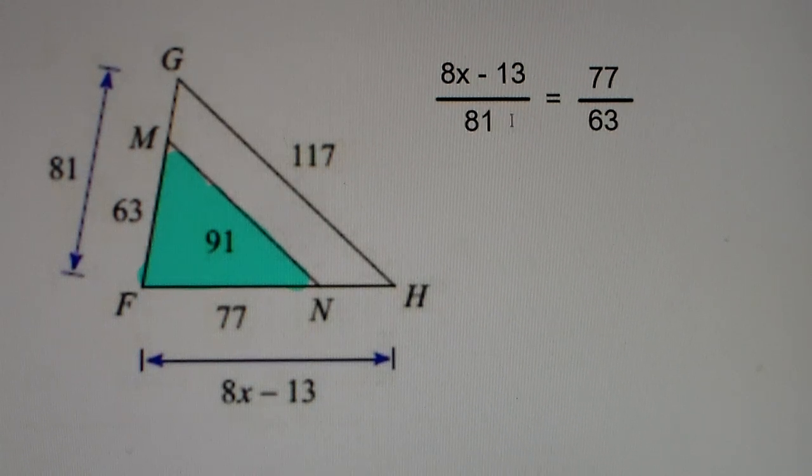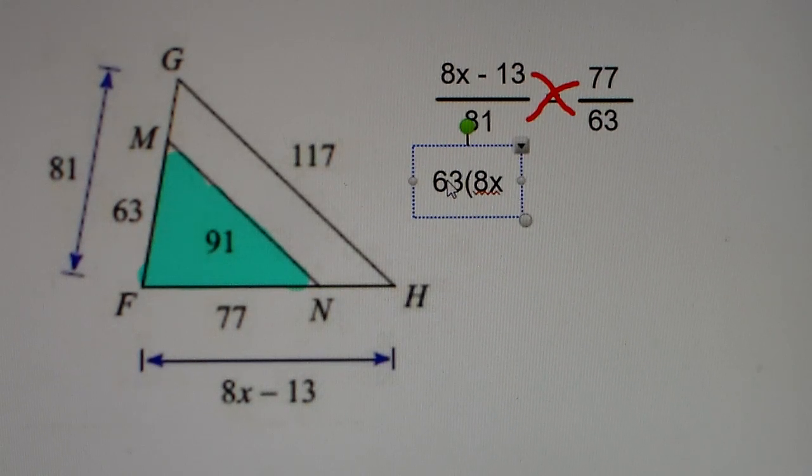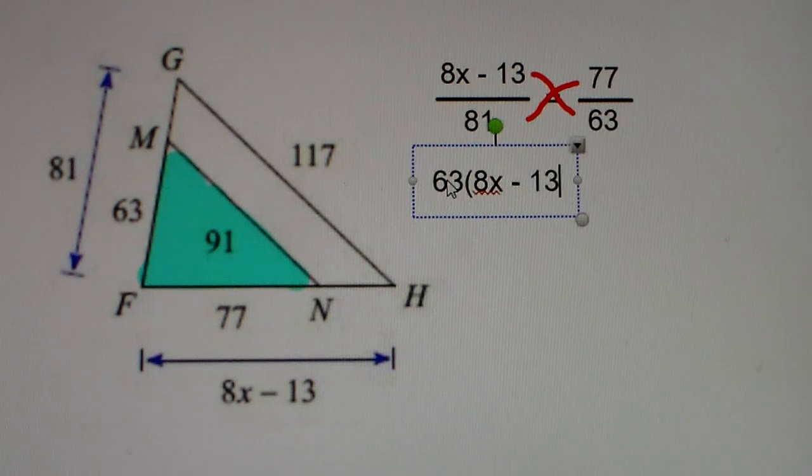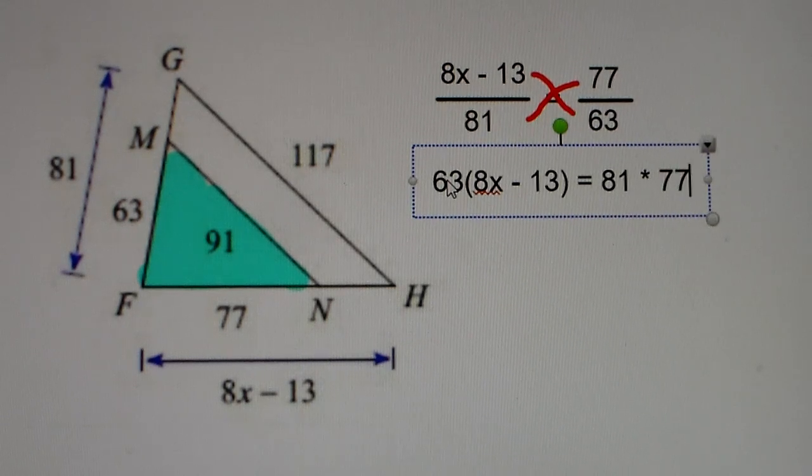Once we set up a proportion, we're going to cross multiply. Cross multiplying looks like this. We're going to do 8x minus 13 times 63, and then 81 times 77. So it's nice and pretty, I'll type it up. So we're doing 63 times the entire thing of 8x minus 13 is equal to 81 times 77.